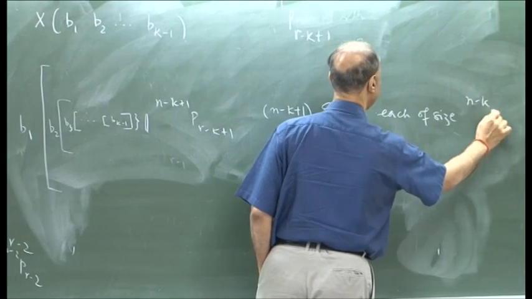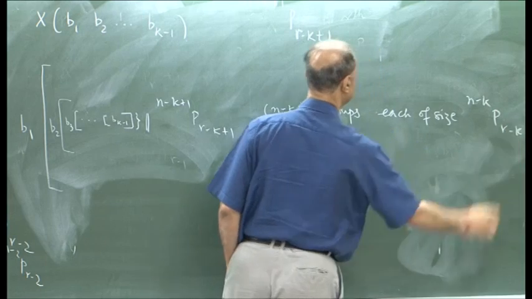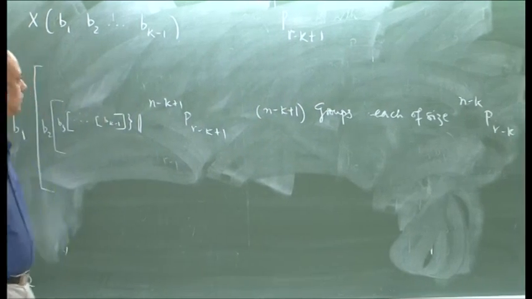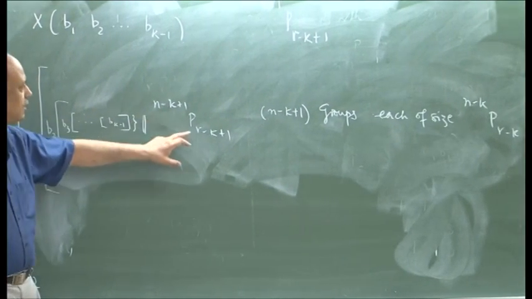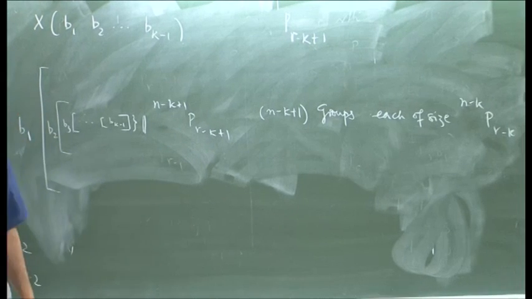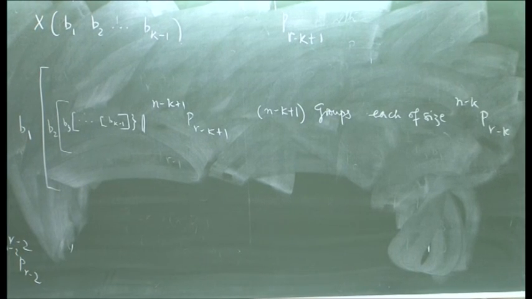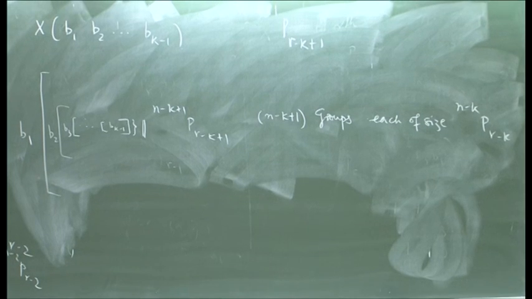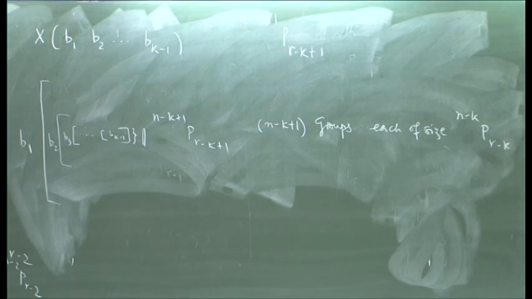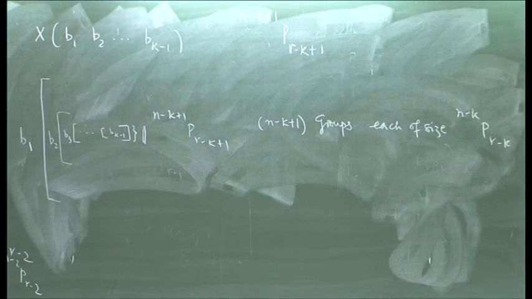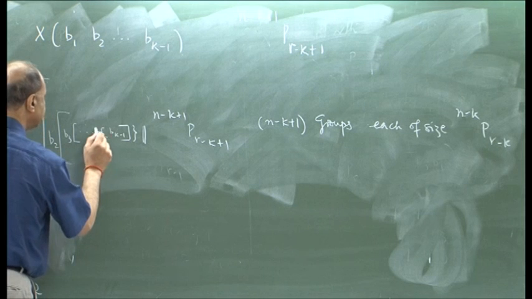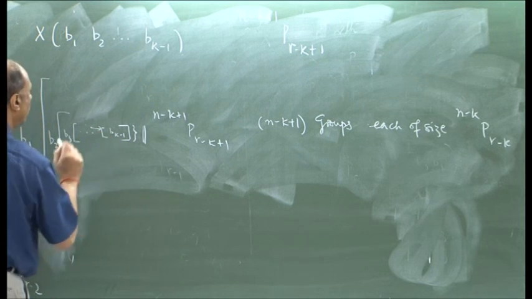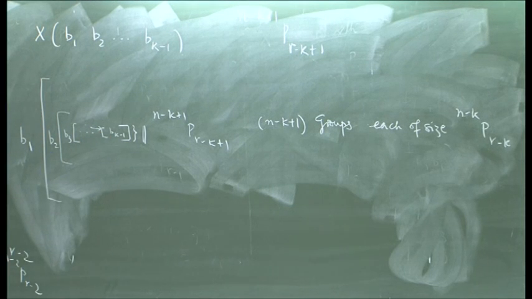N minus k, Pr minus k. So I am dividing these n minus k plus 1, Pr minus k plus 1 rows into n minus k plus 1 groups, each of size n minus k, Pr minus k. Right? Now, can you tell me what is the starting index of the first group?